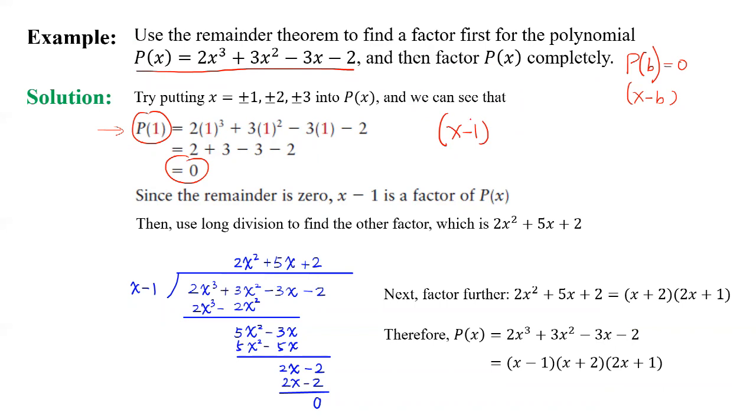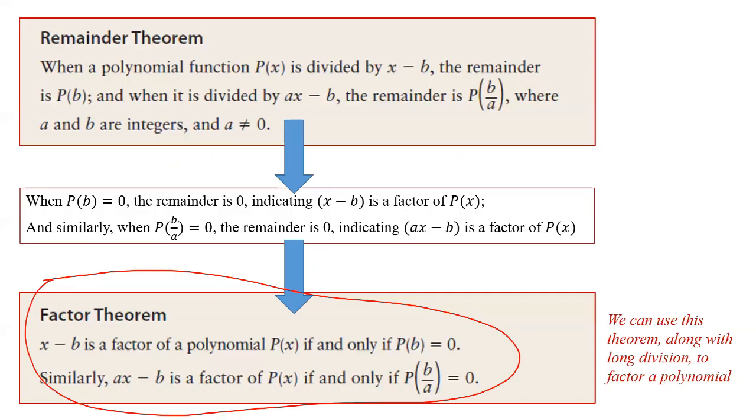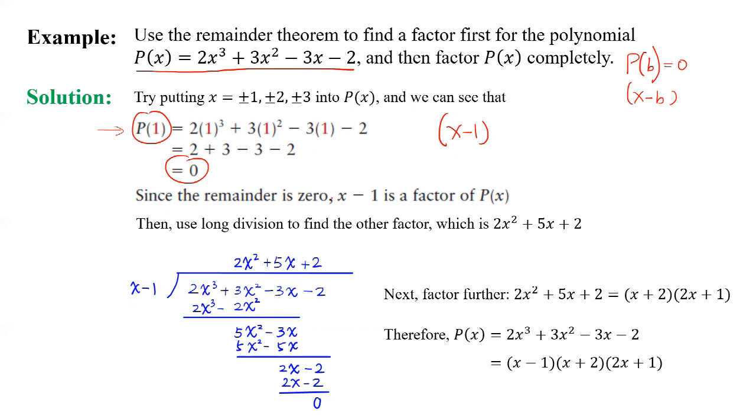According to the factor theorem, if and only if p(b) is 0, x minus b is a factor of p(x), right? This is according to the factor theorem. Okay, so this means we have found a factor of p(x), which is x minus 1.